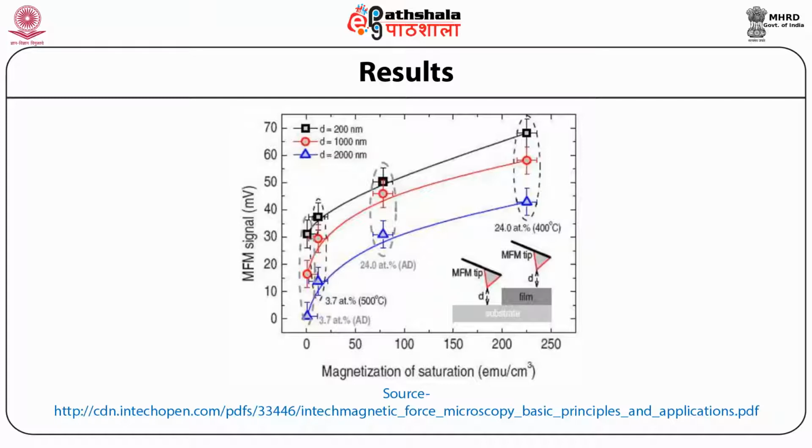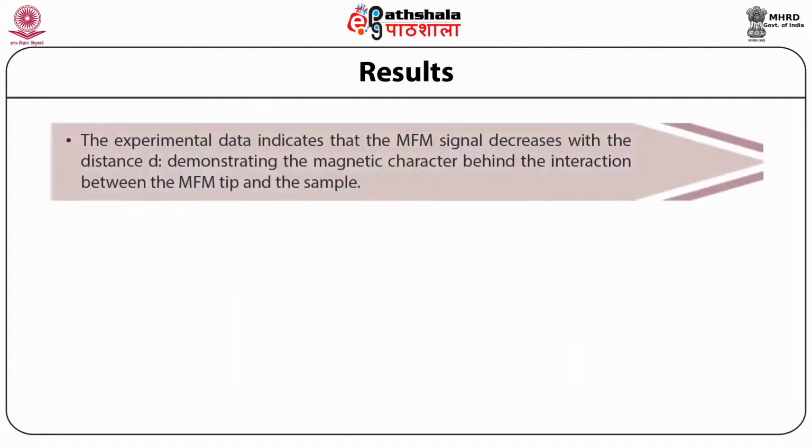So three different plots have been shown here, which indicate the variations. The experimental data indicates that the MFM signal decreases with the distance d, demonstrating the magnetic character behind the interaction between the MFM tip and the sample.